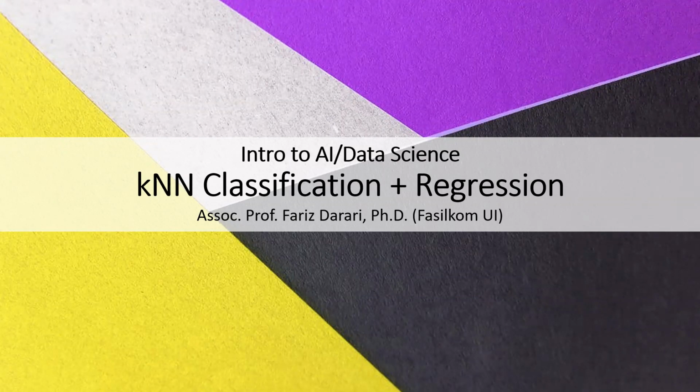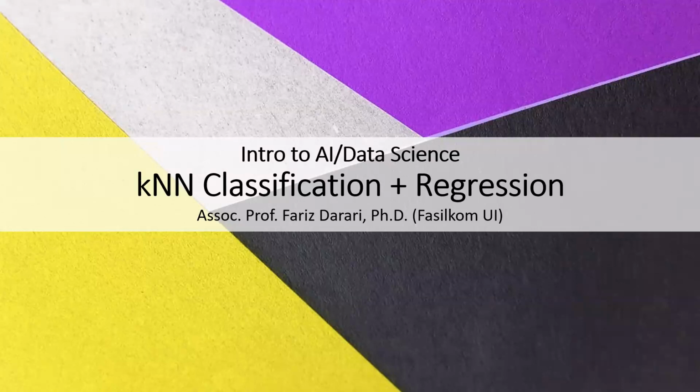So let's see. Now we learn about kNN, k nearest neighbors, and we can use kNN for classification as well as regression. So what is classification? Well, it's a kind of supervised learning, and we want to predict the output label based on the input data.